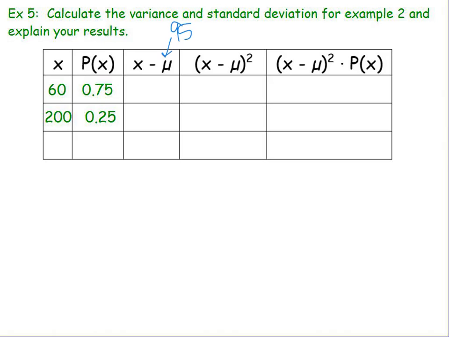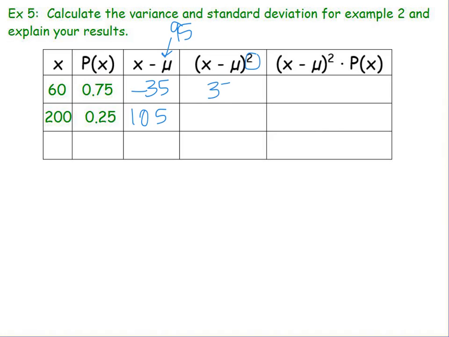So we're going to start by taking each x and subtracting 95. 60 minus 95 is negative 35. 200 minus 95 is 105. Then if we keep following our instructions, all we have to do is square. That makes our negative go away.